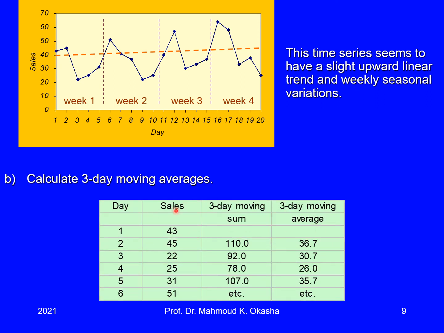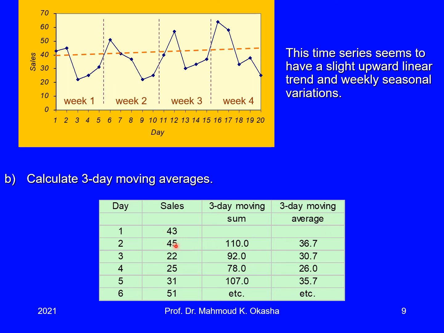For example, if we have this data and we want to estimate a 3-day moving average, for every 3 consecutive points, we calculate its mean. Let's calculate the sum, then divide the sum by the number, which is 3 here.